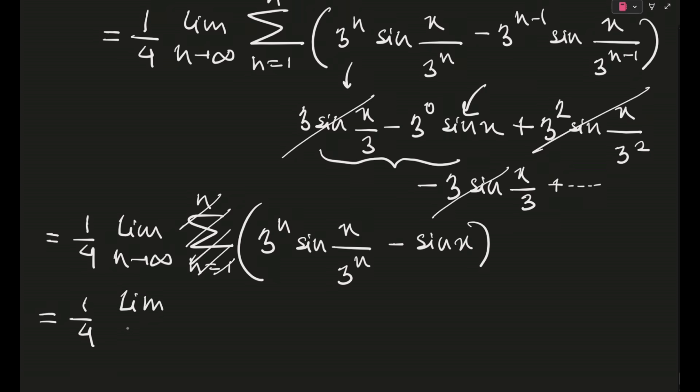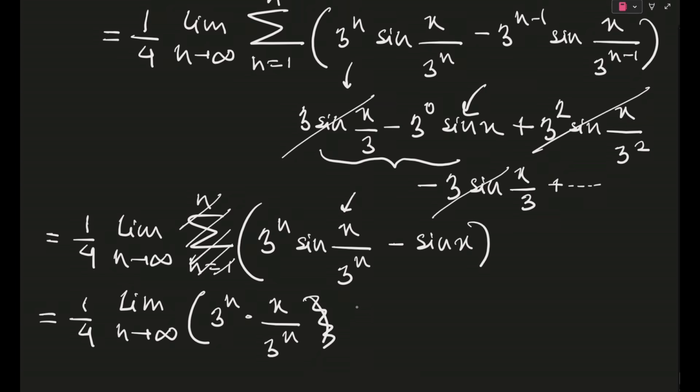And one thing that you will right now see is that in sine x by 3 power n, the argument of sine is going to 0. Which means that if we multiply and divide with x by 3 power n, we can actually write this as 3 power n into x by 3 power n.